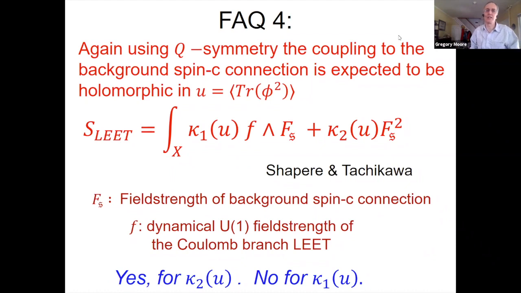The best way to think of it is to think of the mass as the vacuum expectation value of a weakly coupled U(1). If you think of it that way, then you write the action for a higher rank low energy effective theory, U(1) times U(1). One is the dynamical U(1) on the Coulomb branch.